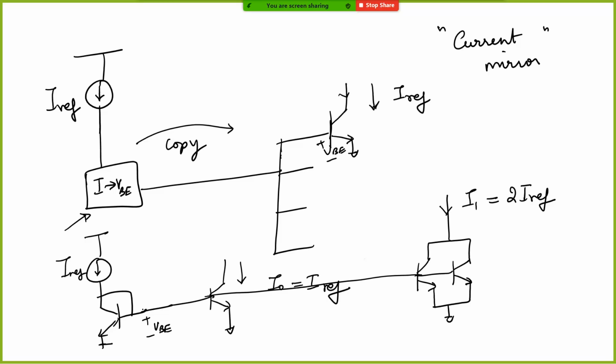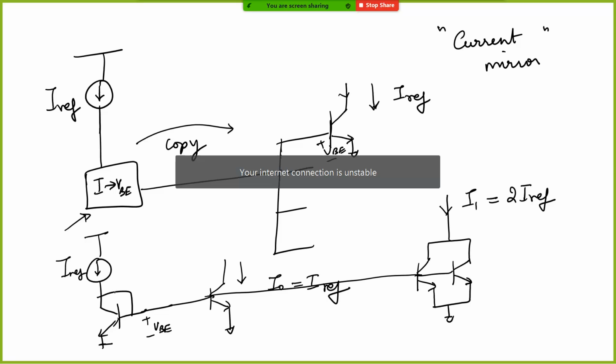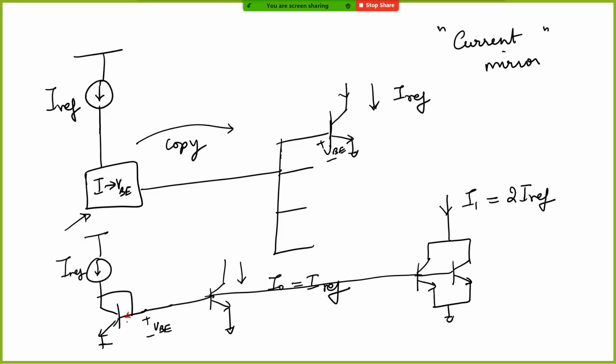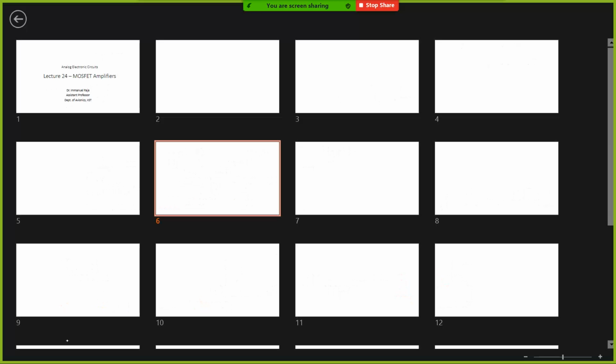If there is this IREF which is coming in, there is a little bit of IB1 which goes in here, and there is a little IB2 which is going to go in here, and IB3 here, and IB4 here, right? Which basically means that the actual current which is going into this diode, let's say ID, is nothing but Iref minus the sum of all the IBs, correct? Let's say IBi.